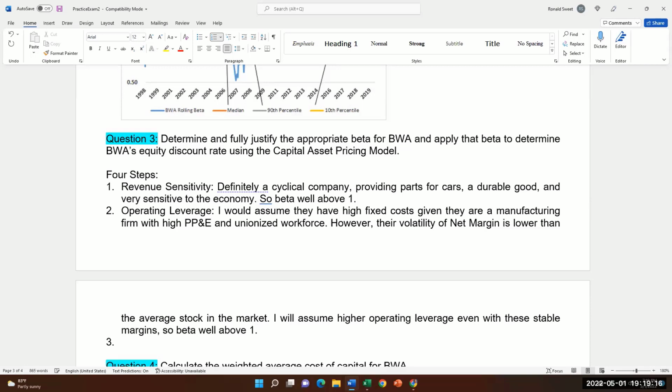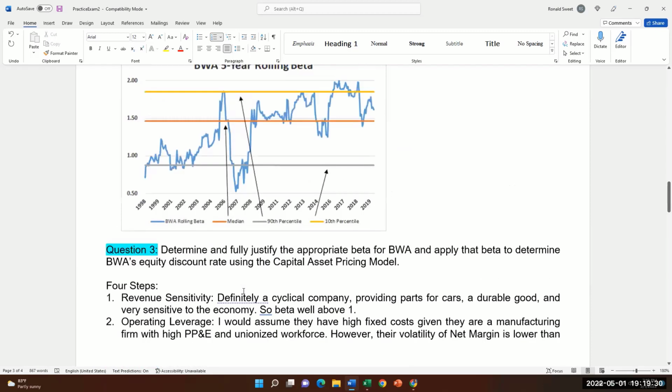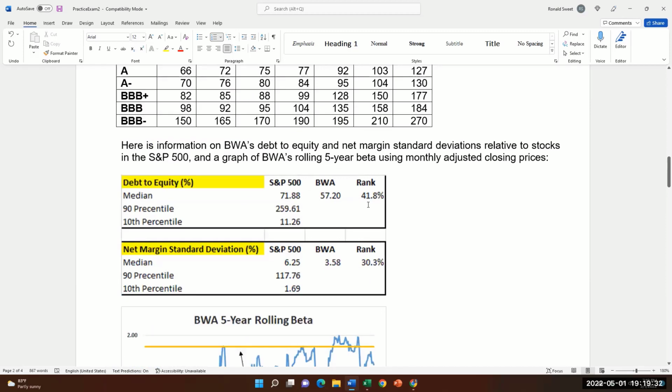The next one is financial leverage, which is the easiest one of all. So that one, you just go up, excuse my typo, there's probably going to be typos in this thing. Here we go up to the debt.